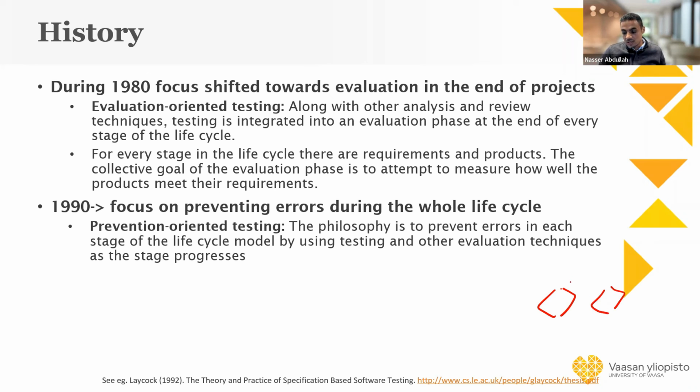In each stage, there is an evaluation phase. We have some output of each phase, so we have to check or evaluate this output. This is what we call evaluation-oriented testing.